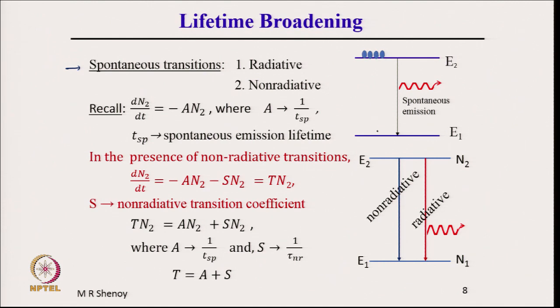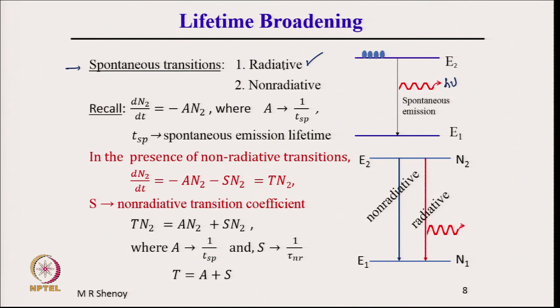Spontaneous transitions: when an atom makes a downward transition from an excited level, the energy difference E2 minus E1 could be given out as a photon of radiation of energy h nu. This is what we had discussed so far, that is radiative transitions.